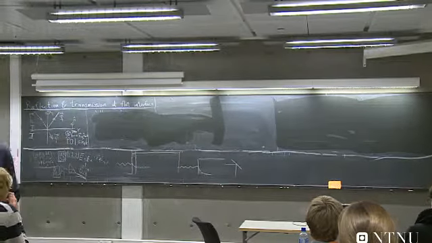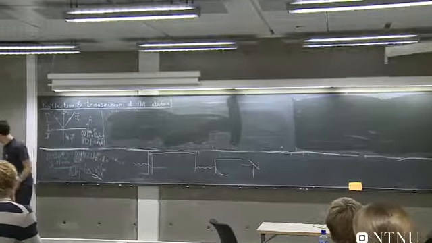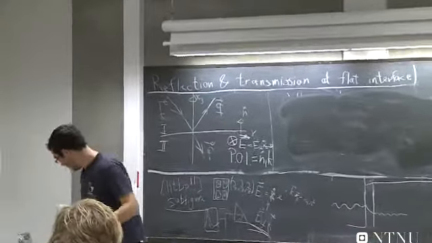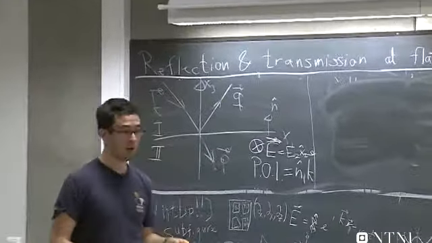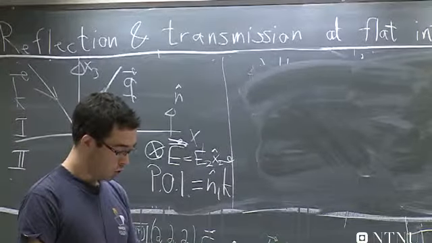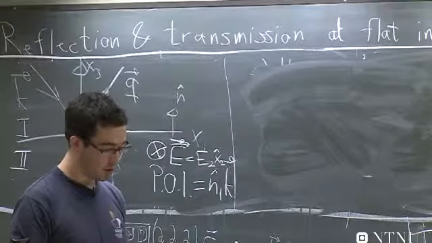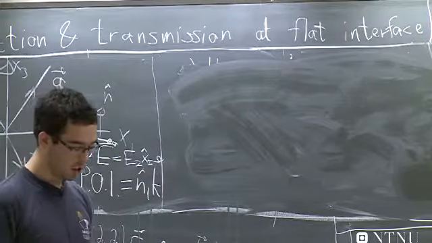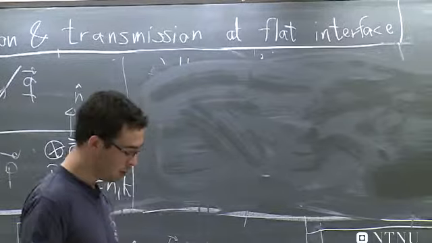Okay, so we agree that I can just determine E2, and that will give me the magnetic field if I need it. So, the total electric field in medium 1 that would satisfy the wave equation is the following.